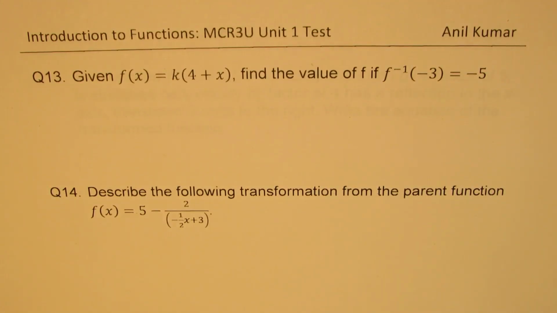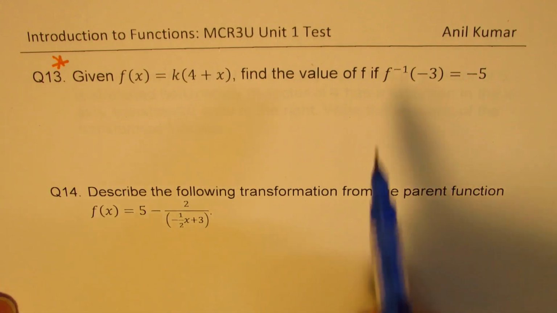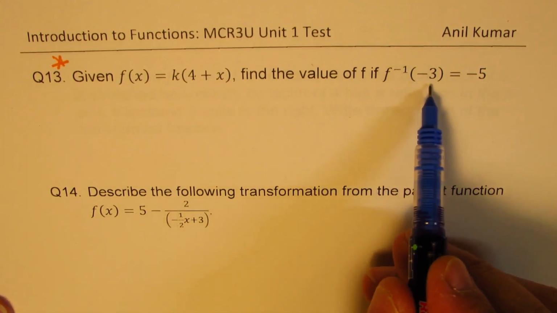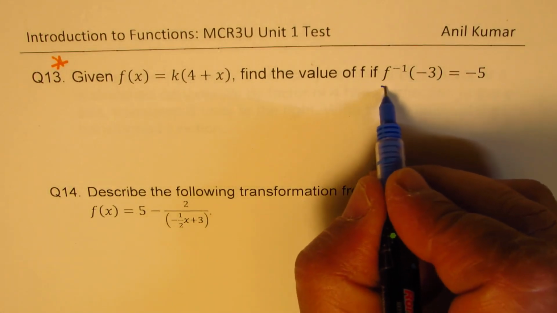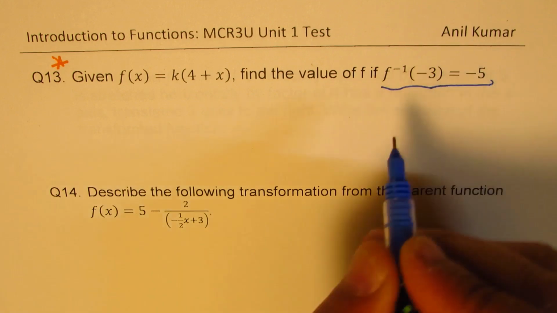Question number 13 is a very interesting question, and normally it's difficult to answer. Given f of x equals k times 4 plus x, find the value of k if f inverse of minus 3 equals minus 5. So what does this inverse function mean?